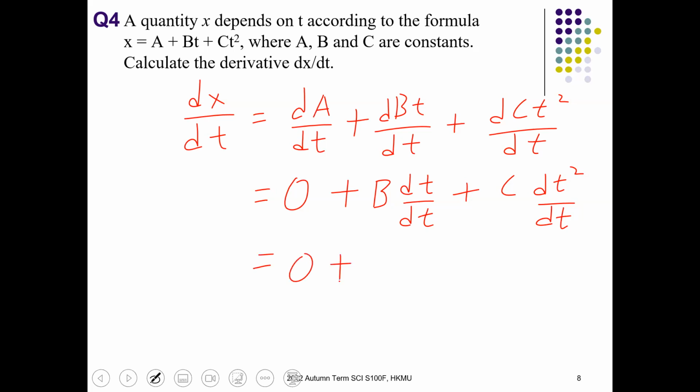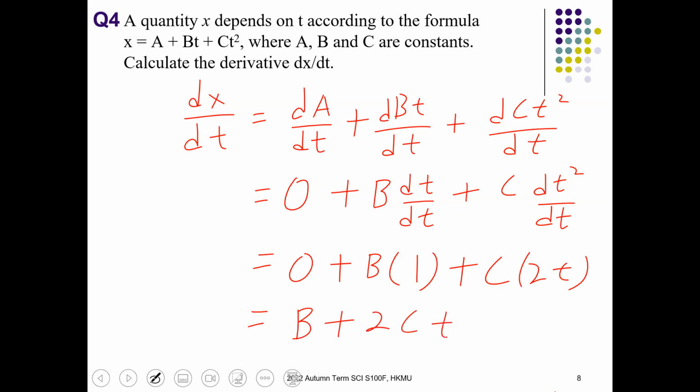We have 0 plus b dt by dt, simply this is exactly equal to 1, plus c times the first derivative of t squared, this is 2t. And now we have b plus 2ct.